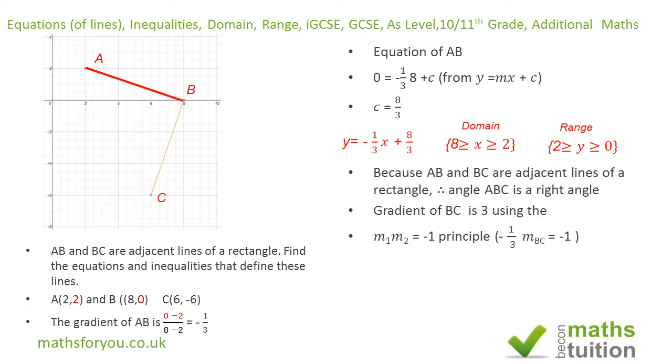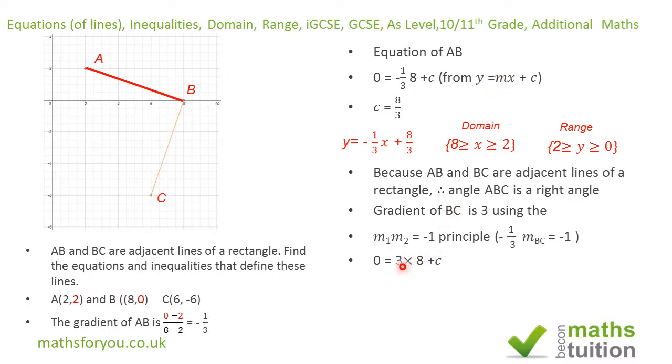So now, having found the gradient for BC, we can find the equation for BC. But firstly, we need to find the value of C. Using B as a reference point again, we have that 0 is equal to 3 times 8, because y is 0 there, x is 8 there, and the m value is 3.